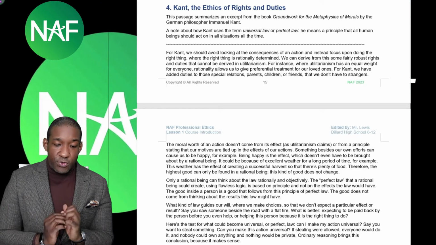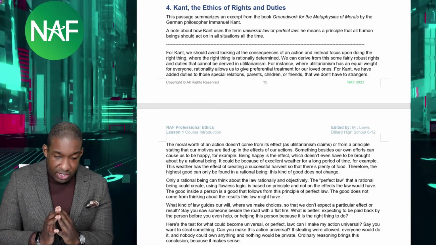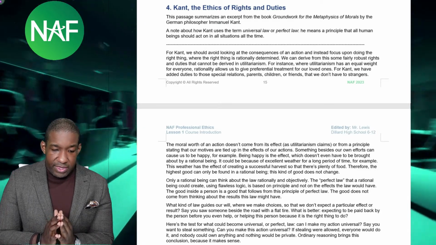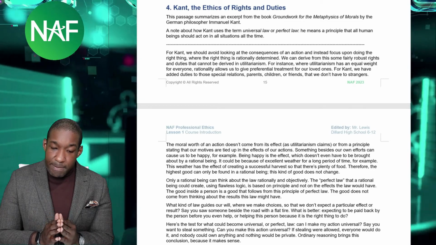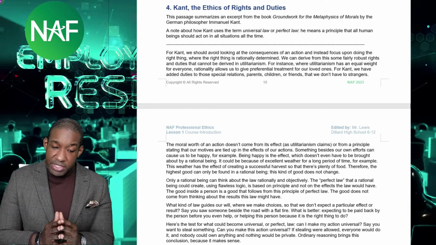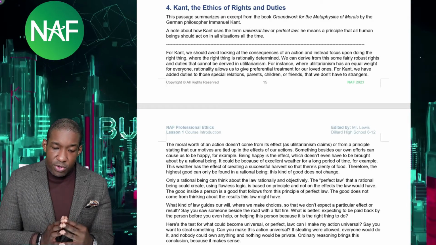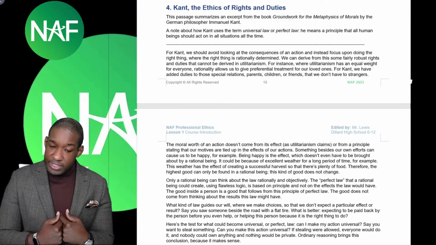Fourth and the last reading passage is Kant and the ethics of rights and duties. This passage summarizes an excerpt from the book Groundwork for the Metaphysics of Morals by the German philosopher Immanuel Kant. A note about how Kant uses the term universal law or perfect law.